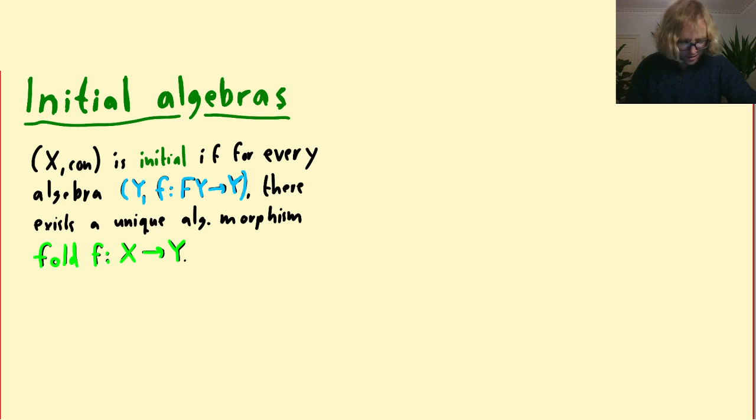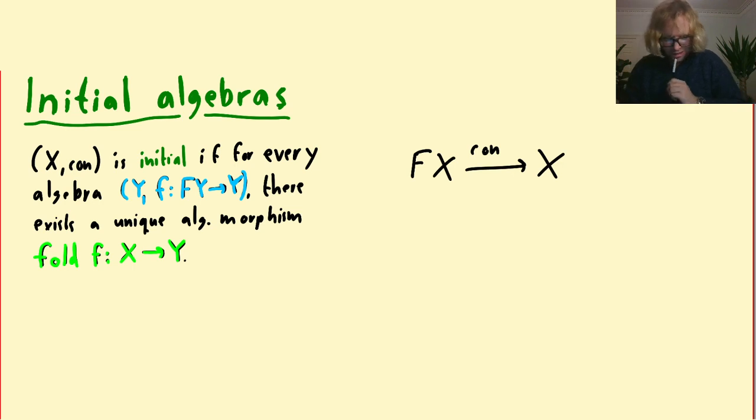So we have some algebra X and con. That means that we have here F of X, and con, which we think of as our constructors, goes into X. And now the claim is that this is initial.